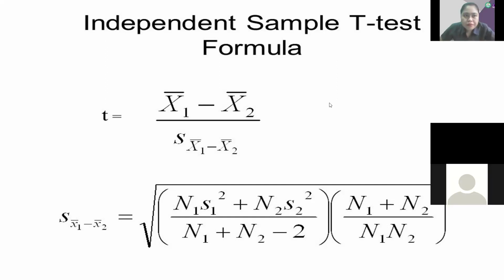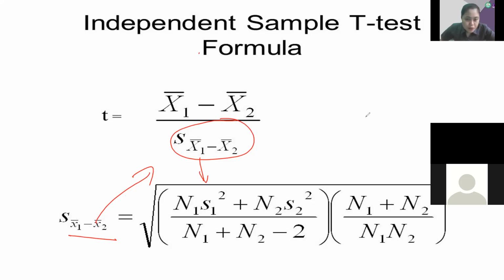Okay, sorry for the interruption. Para saan yung formula sa baba? Itong formula sa baba is used to compute this one. Again, this one is our formula to get the s sub x1 minus x2.